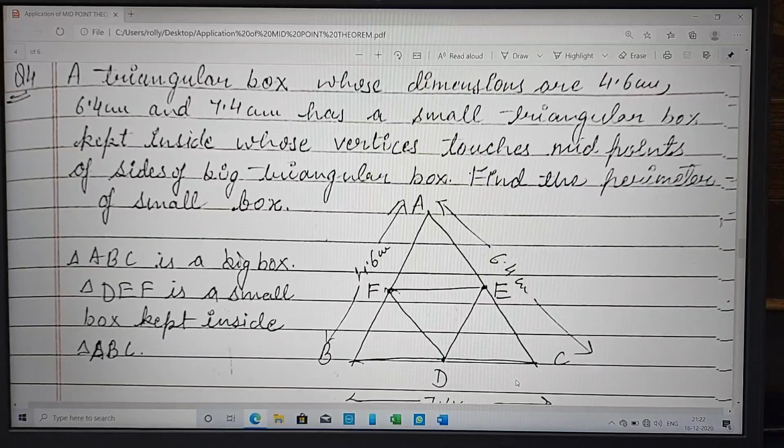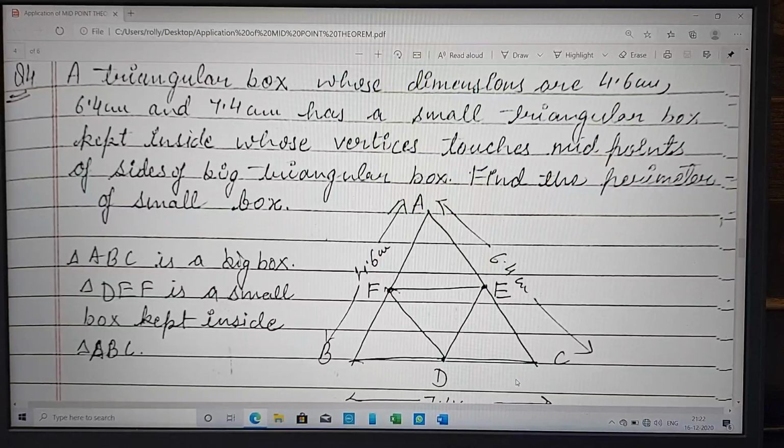Please listen carefully. A small triangular box is kept inside the big box, whose vertices touch the midpoints of the sides of the big triangular box.